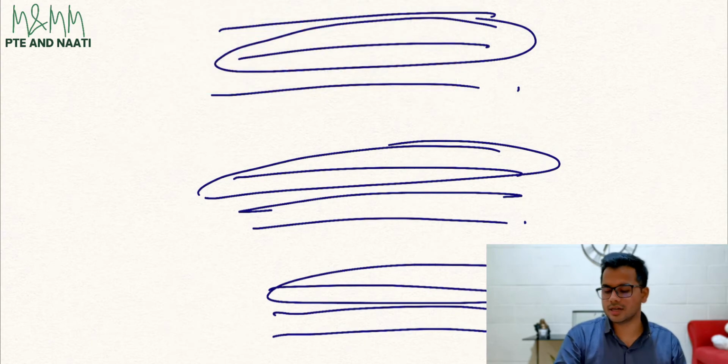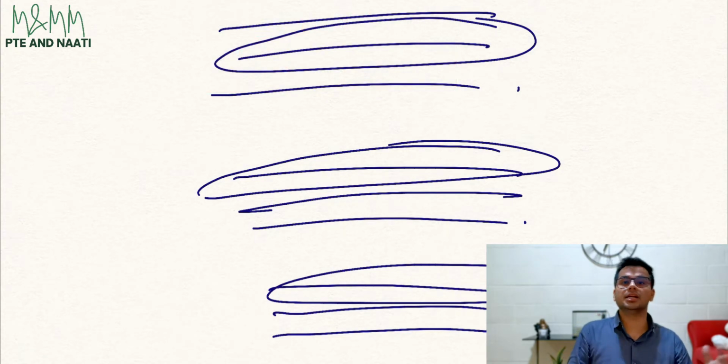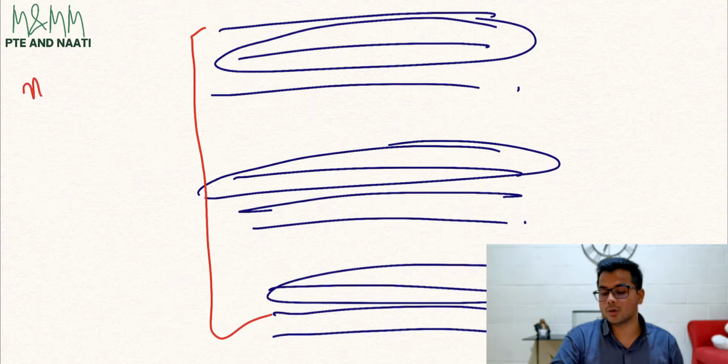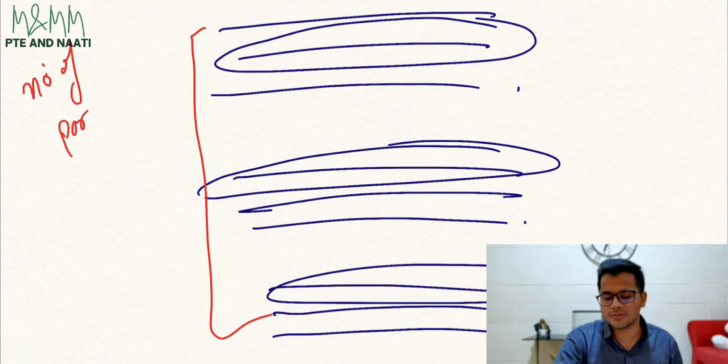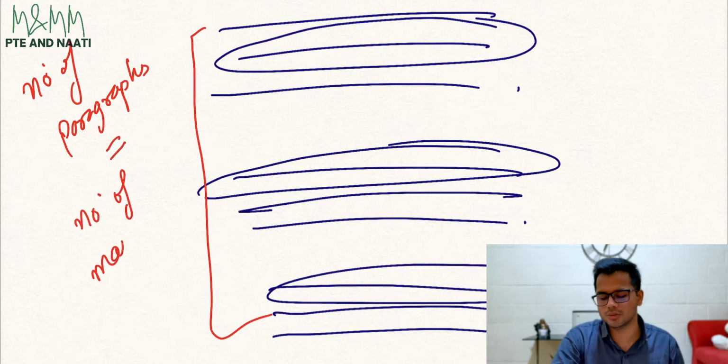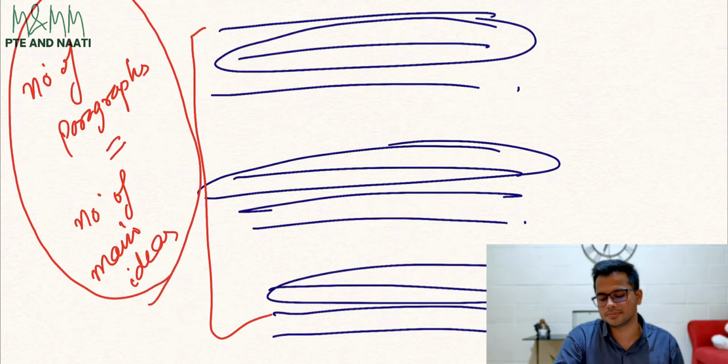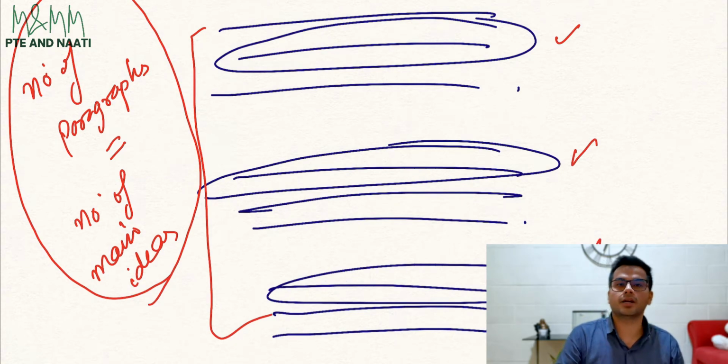Now, this is one thing that I forgot to display in the beginning of the video: whatever number of paragraphs you get in the exam is equal to the number of main ideas. How great is that? So if you get 3 paragraphs in the exam, it simply means there will be 3 main ideas, 1 main idea coming out of every paragraph.